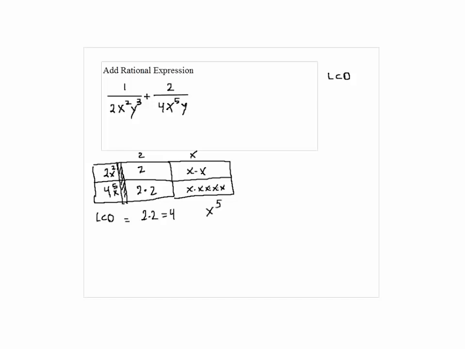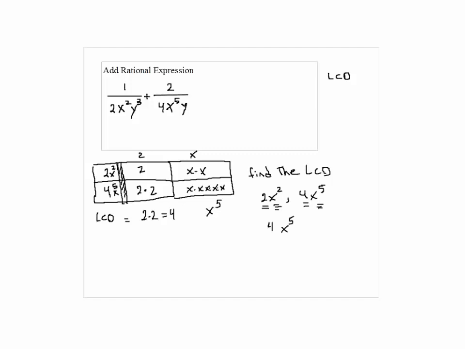So if I were going to find the LCD between 2x to the power of 2 and 4x to the power of 5, between 2 and 4 you would pick 4, and between x to the power of 2 and x to the power of 5 you're going to pick x to the power of 5.